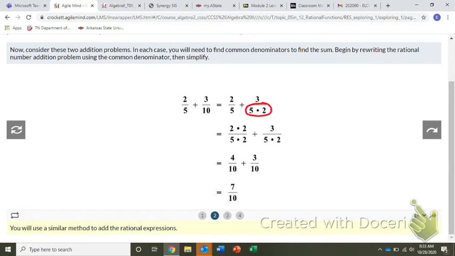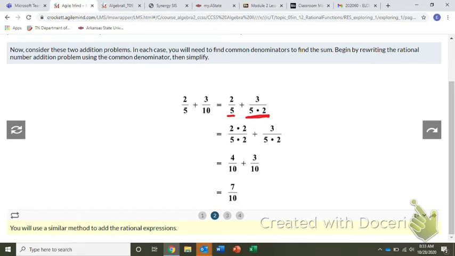Everybody agrees, right? So now my left denominator only has a 5, but the right has a 5 and a 2. So in order for those to be the same, you must multiply by the missing term on the top and the bottom of the opposite side.